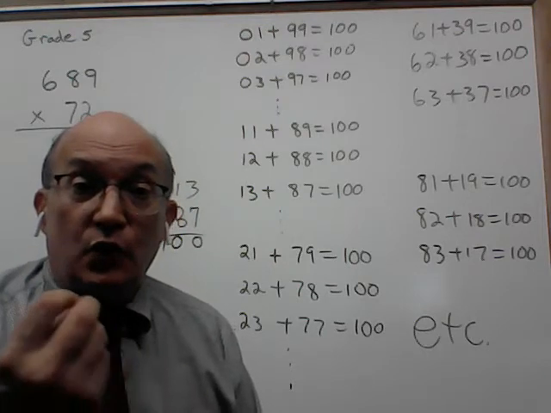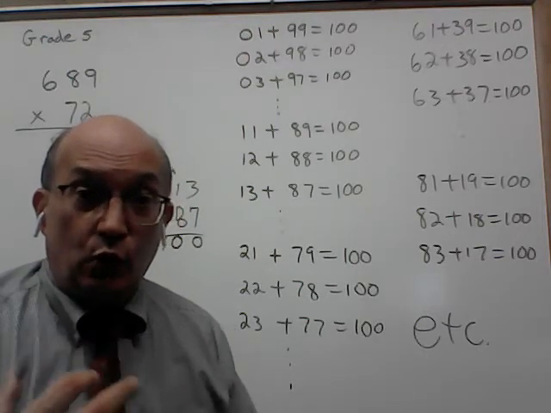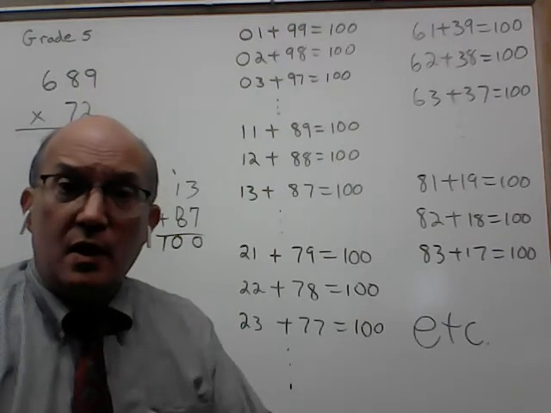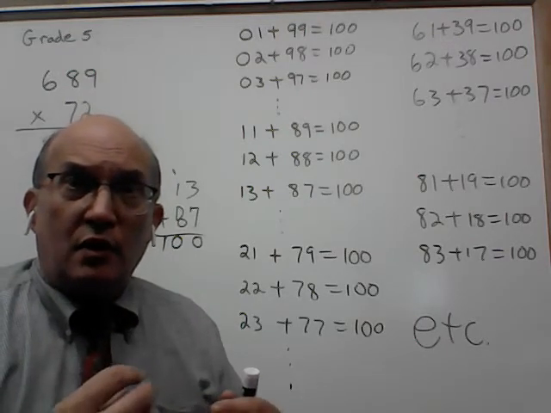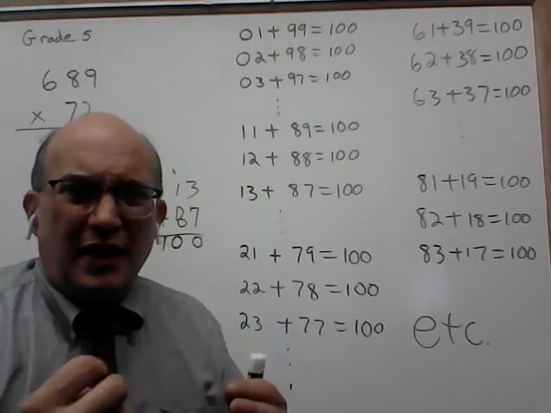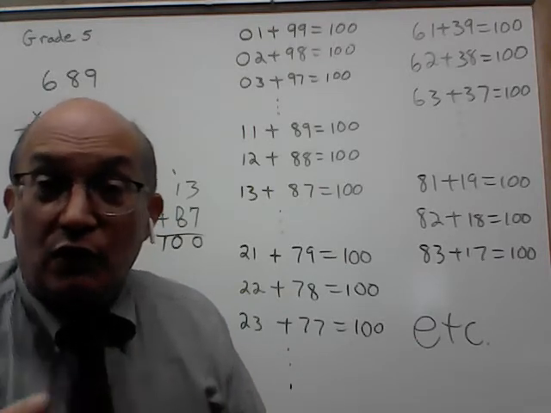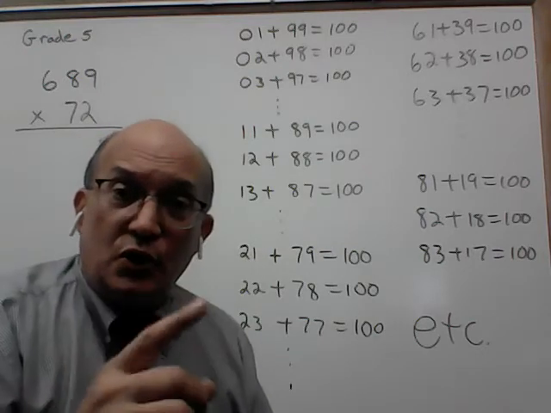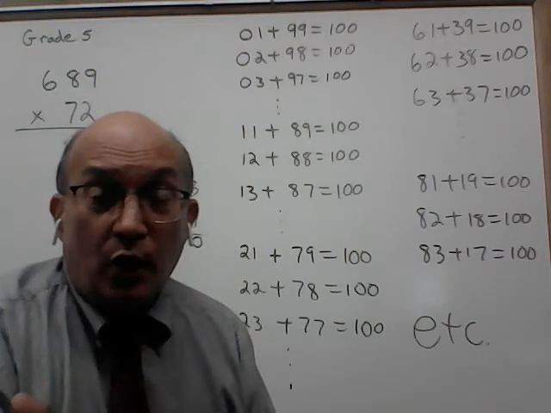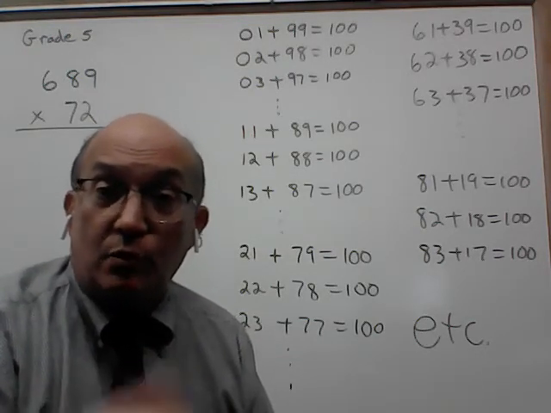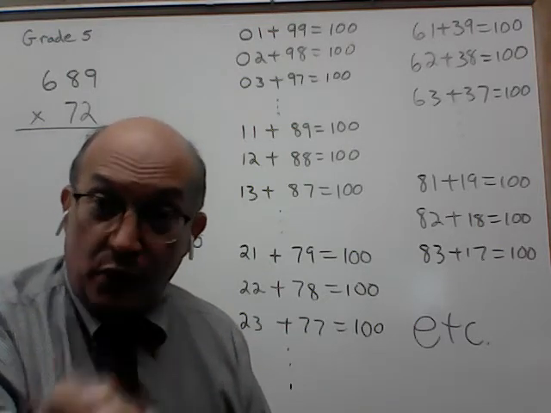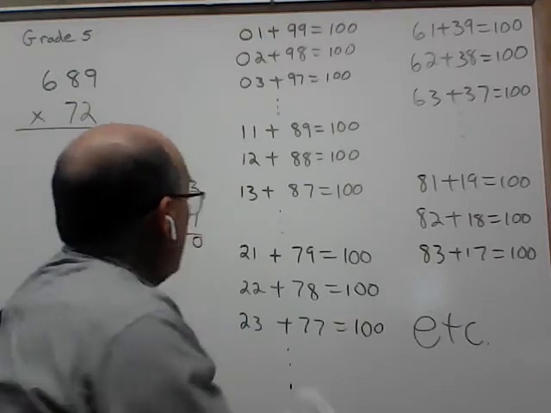But if you practice with several of them repeatedly over a period of time, you're going to get to the point where you've kind of memorized them, but you may not even realize that you have. Given any whole number less than 100, you should instantly be able to tell what adds with that number to make 100.